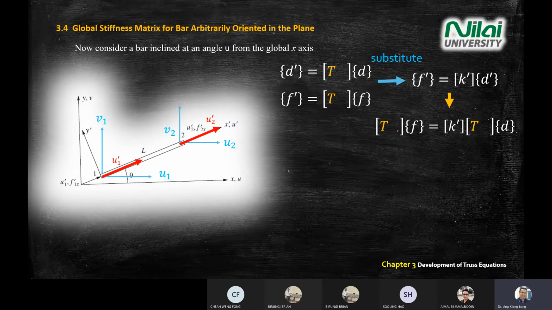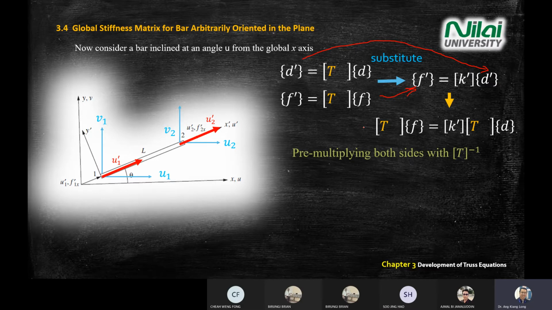So what you did is that you substitute this equation here. You get TF forces, and the displacement equation you put in here, substitute here, you'll get this part. Okay, so as you can see on the screen here, we are arriving at T force equal to K prime T and D by substituting of these two.